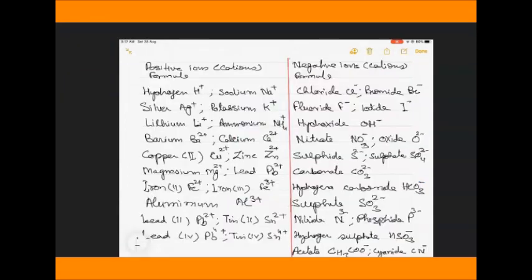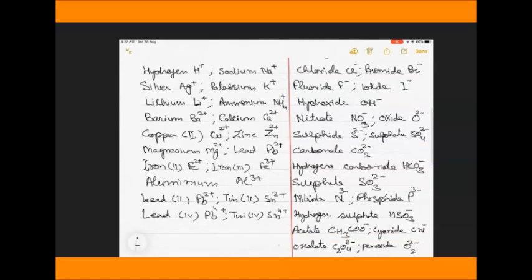Okay students, let us also examine the list of positive ions and negative ions once again. Positive ions are shown on the left side. Hydrogen H+, sodium Na+, silver Ag+, potassium K+, lithium Li+, ammonium NH4+, barium Ba2+, calcium Ca2+, copper Cu2+, zinc Zn2+, magnesium Mg2+, lead.